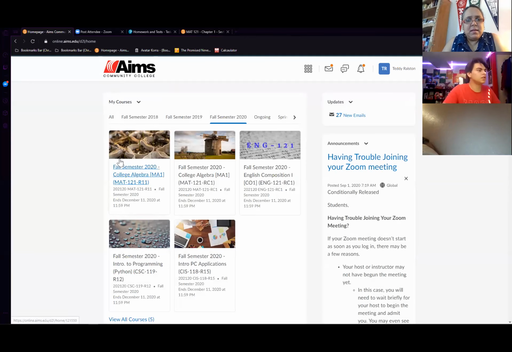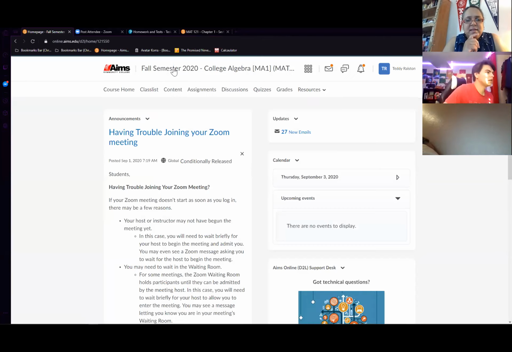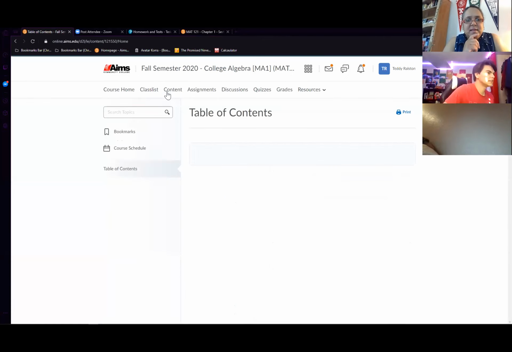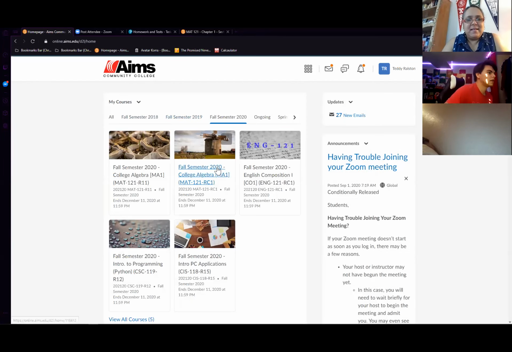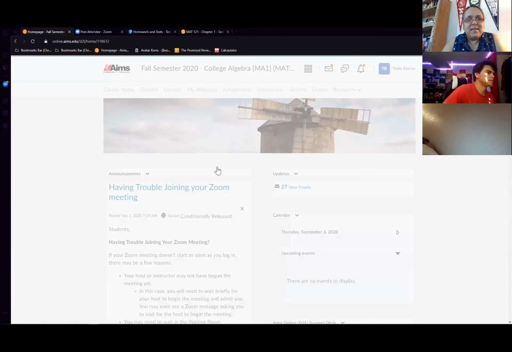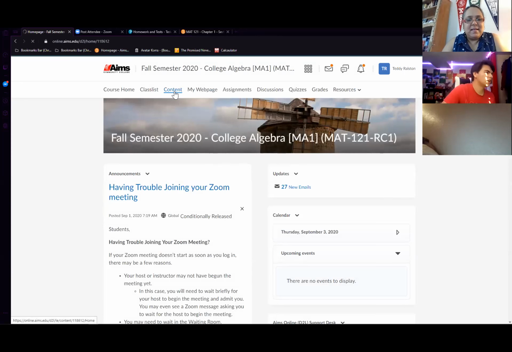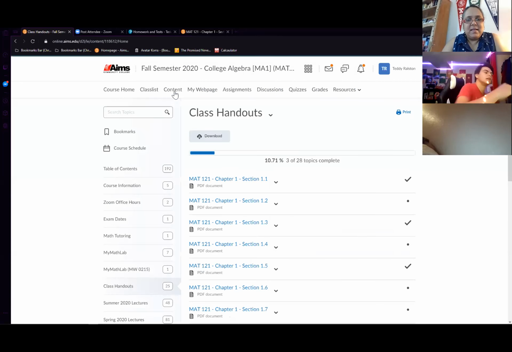Oh, here are the 2 math classes. There's this fall semester one, which is the MA2 and 121. Is that the one that's showing up as the blank one, the R11? Yeah, once I go in here and go to content, it's completely empty. But if I go to the other one, it has the stuff, but when I click on content, it all goes to my math lab.